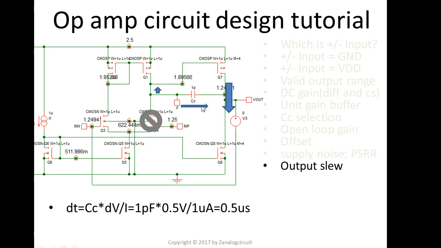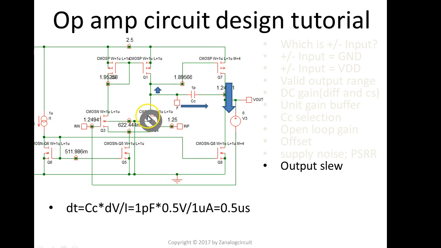So we can use the C dV equals I equation to figure out how long it takes for the output to eventually get there, right? So dt, the time duration, equals this CC cap, 1 picofarad, multiplied by 0.5 volts, because this guy is going to jump by 0.5 volts, over 1 microamp. 1 microamp is the tail current here.